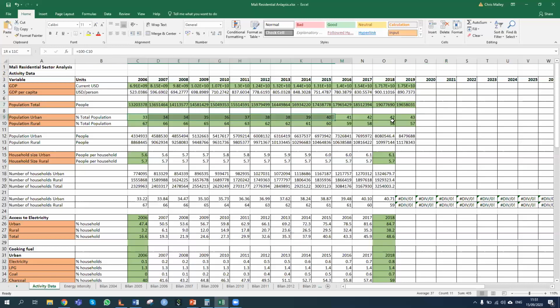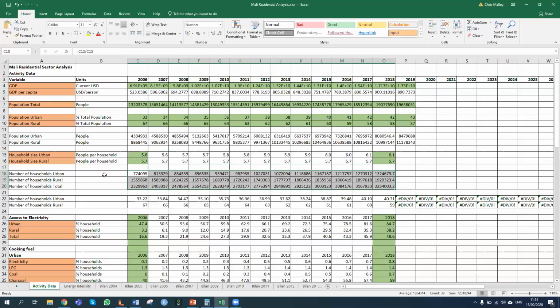This is the percentage of the population in urban and rural areas, again, directly taken from the World Bank. The household size, urban and rural, the number of people per household, was available for 2006 and 2018 in the Demographic and Health Survey. So these numbers are in green. These numbers here are an interpolation. We've interpolated between the value in 2006 and the value in 2018.